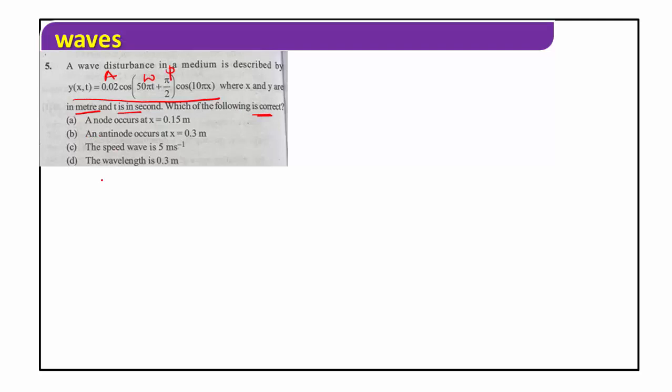Here you should know how to find out the phase angle and phase difference. This equation is in the form y of (x, t) equal to a cos (omega t plus pi by 2) into cos kx.